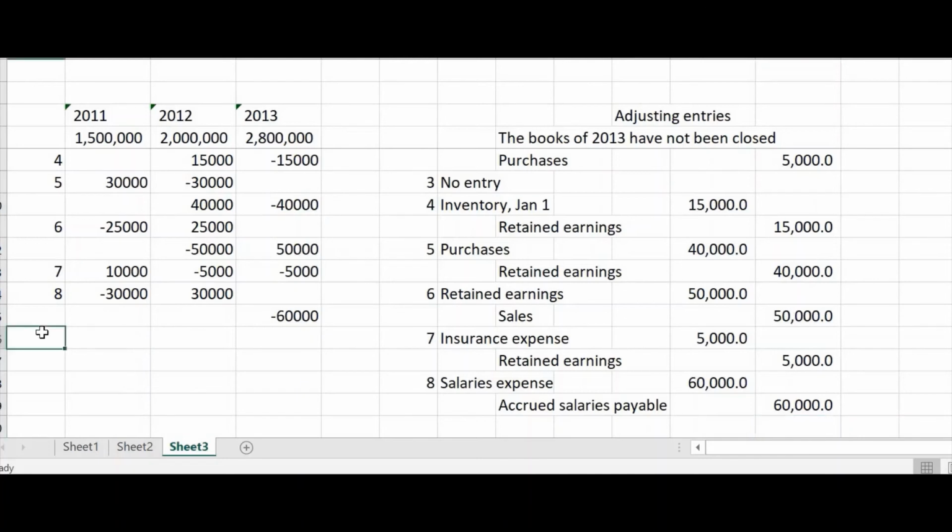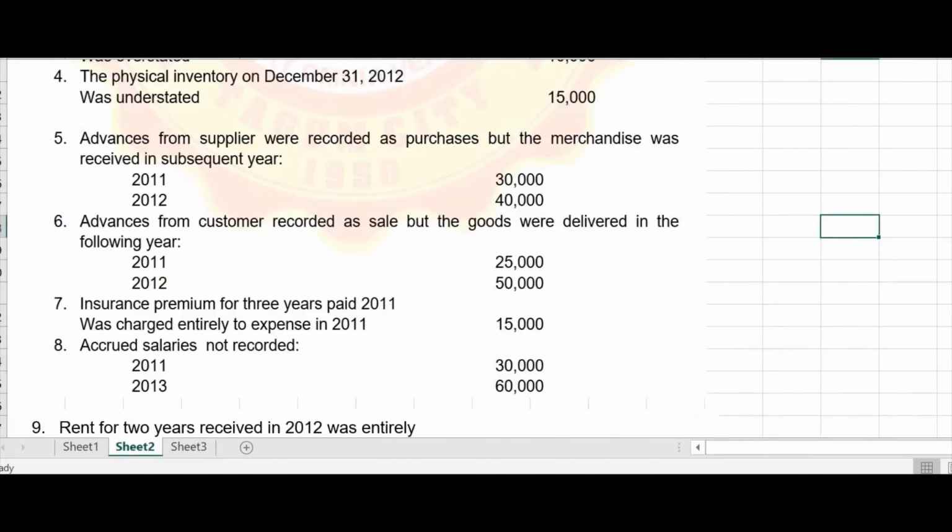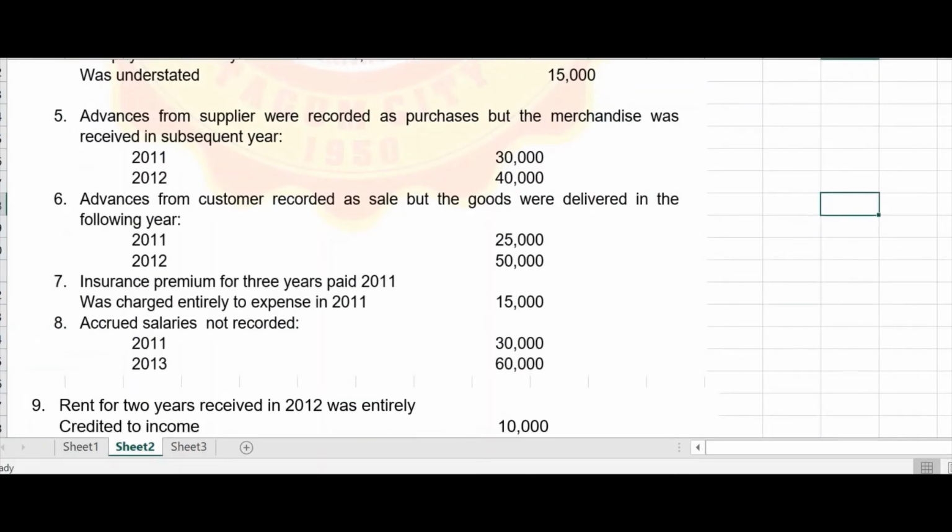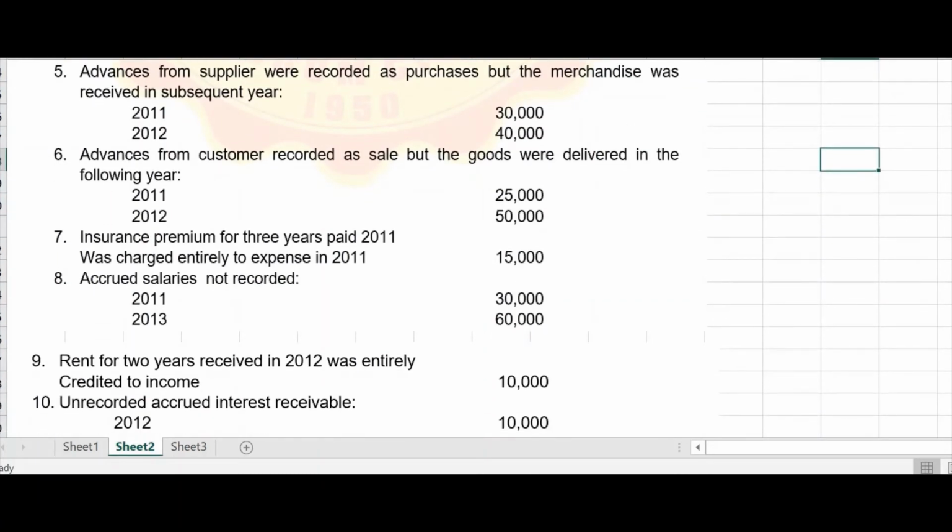Okay. So, let's have number 9 na error. Rent for 2 years received in 2012 was entirely credited to income. So you received rent amounting to 10,000, but the rent income is for 2 years. So dapat i-record mo siya as income for 2012 and 2013 each year at 5,000.